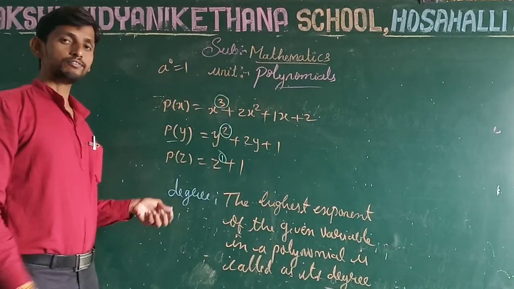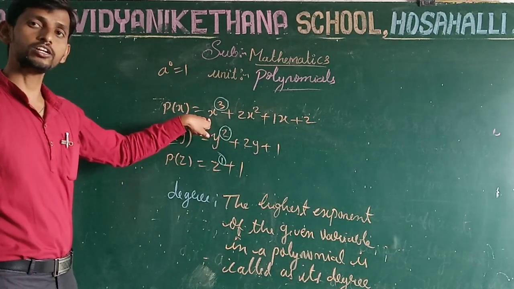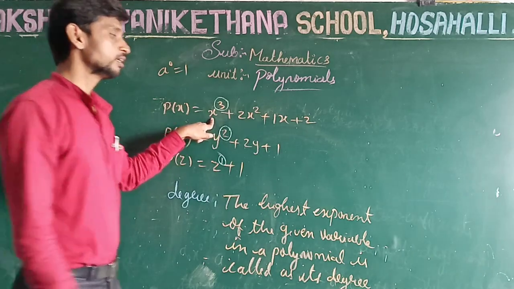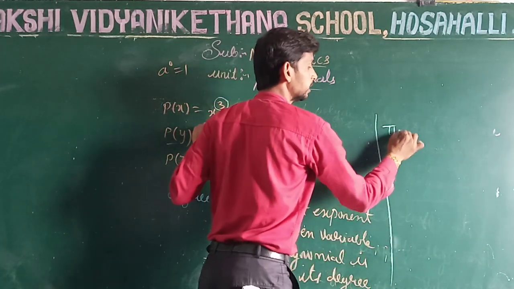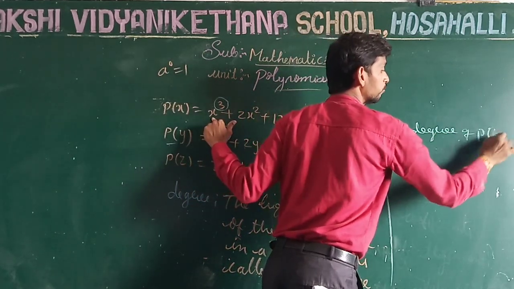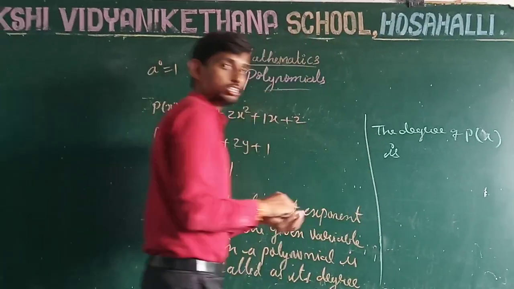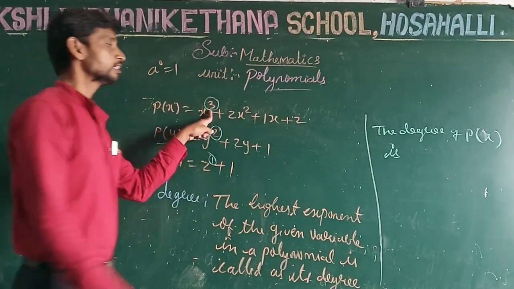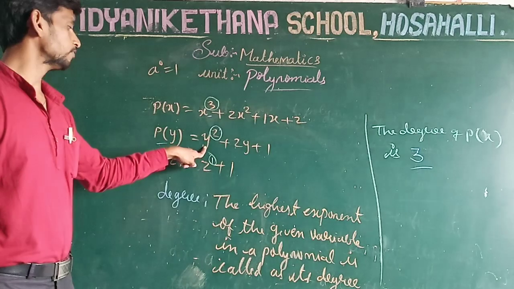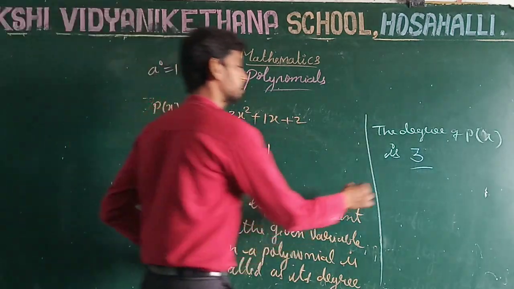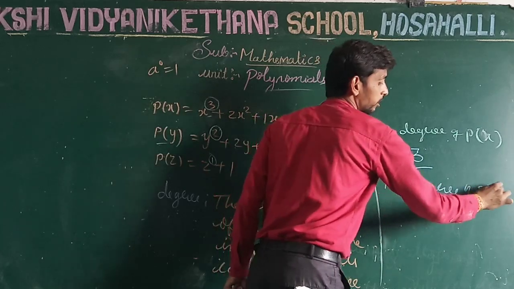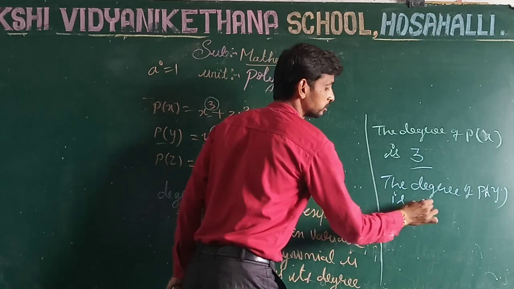See, can you tell the degree of the first polynomial P of x? Here the highest power is 3, therefore the degree is 3. Then what is the degree of the polynomial P of y? 2.